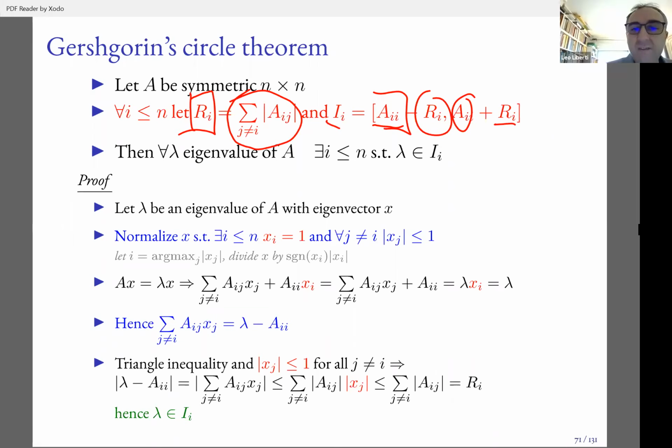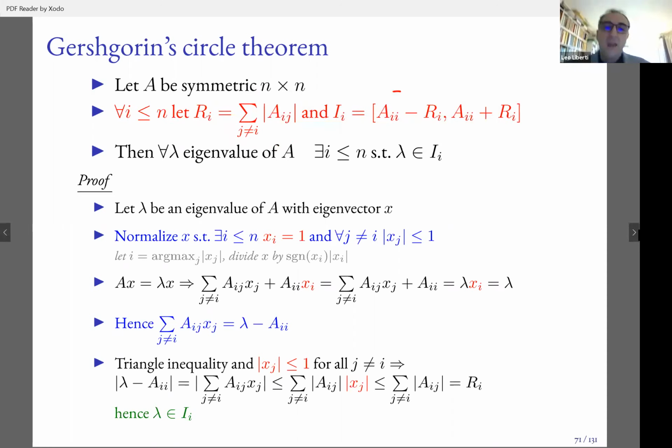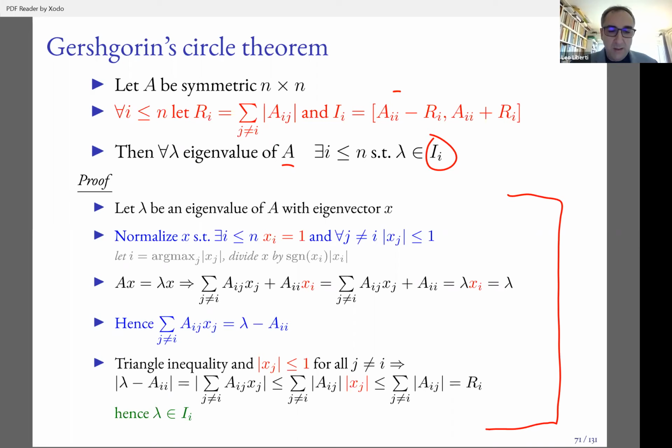If you do all this, then every eigenvalue of the matrix A is in some interval I_i. I'm not going to go through the proof, but it's a nice proof, in fact. So you're welcome to read it when I share the slides at the end of this talk.